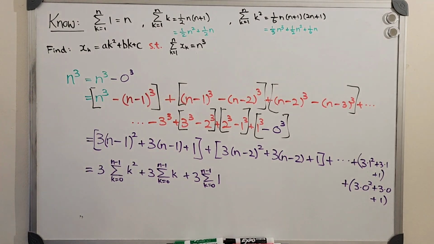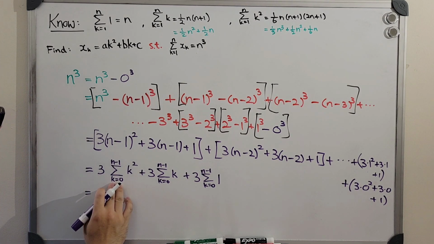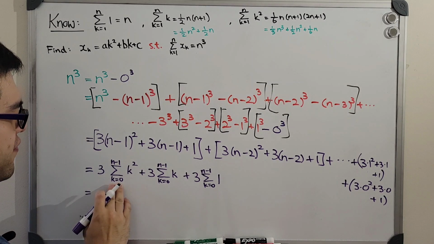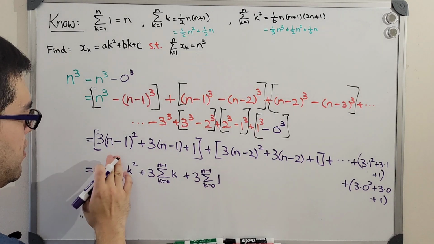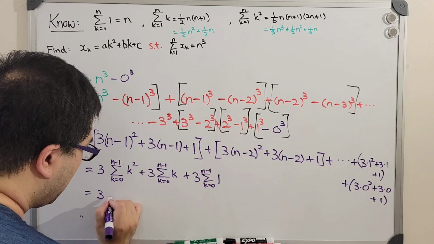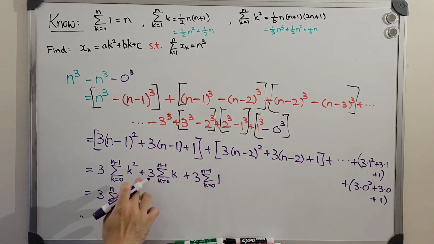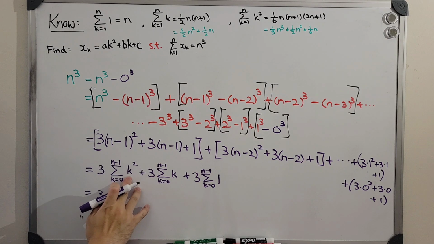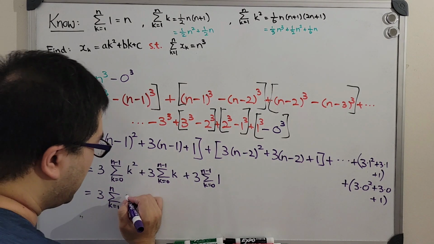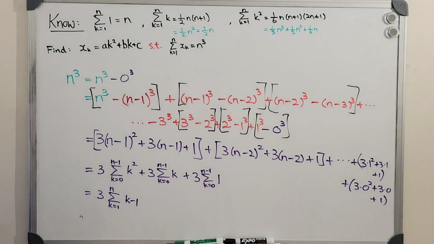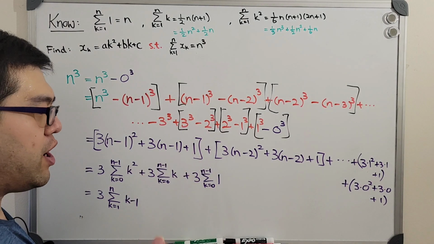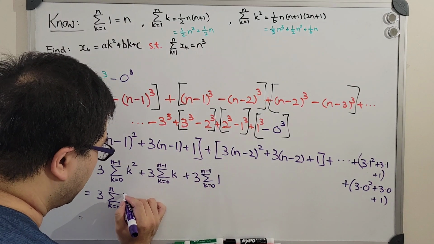So now we're going to do a small adjustment by shifting our dummy variable k from 0 to n minus 1 into 1 to n. And as we do that, we actually need to adjust the thing inside, where k will now turn into k minus 1, just like when we do a u-substitution and change our upper bound and lower bound at the same time.